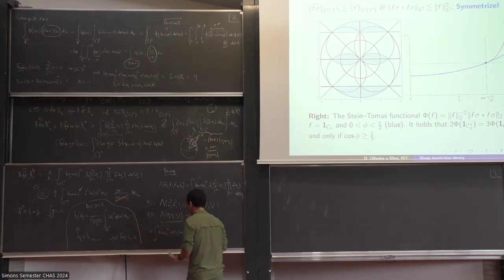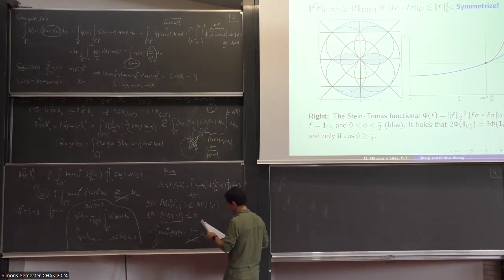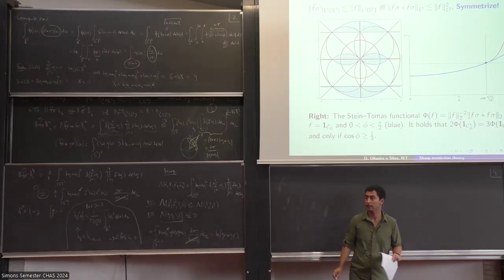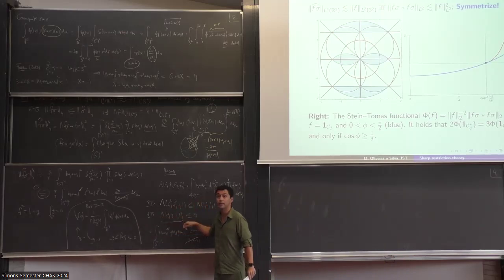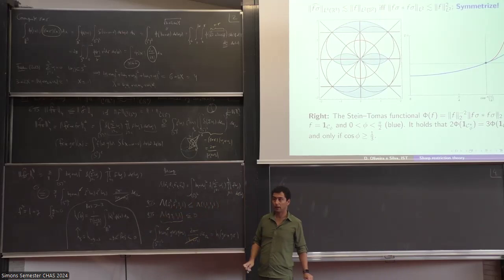Again, this cancels. And what we have is basically a homogeneous distribution H_1 acting on the function G convolved with G. That's the connection. That's the reason why I introduced this family: to be able to write the thing that we want to prove is non-positive as a homogeneous distribution H_1 acting on the function G convolved with G.